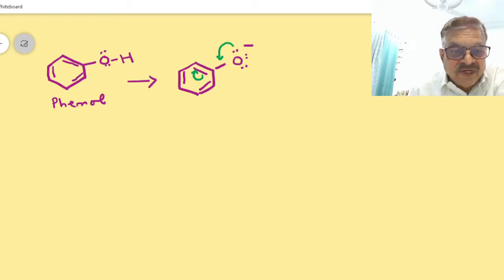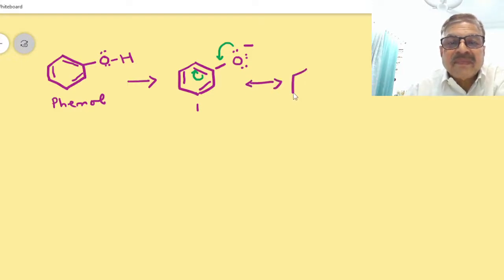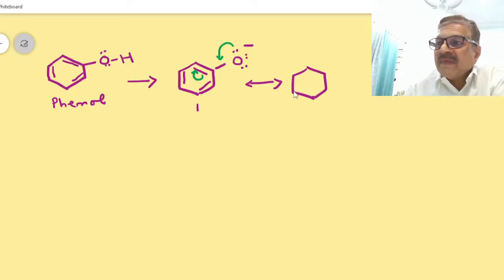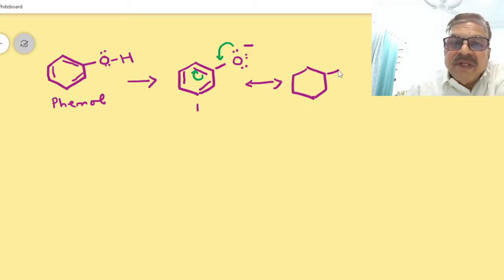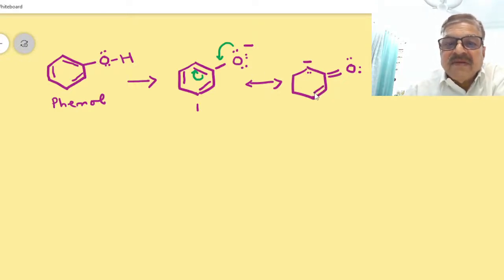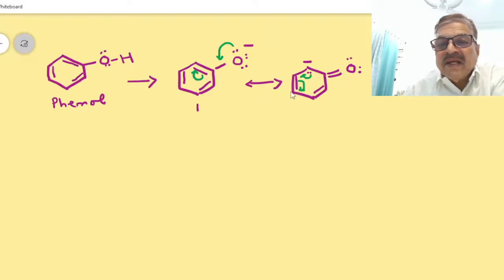This is our structure 1. Then the second structure will be, so here there will be a double bond now. Now here there is a negative charge. This double bond is intact and this double bond is intact here. Now what happens? These electrons migrate like this.